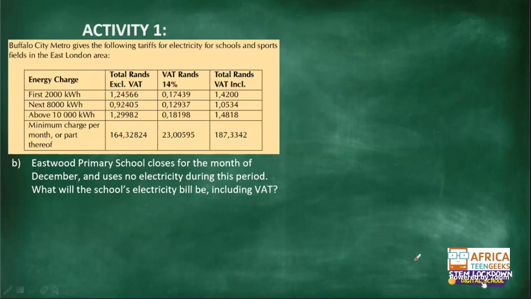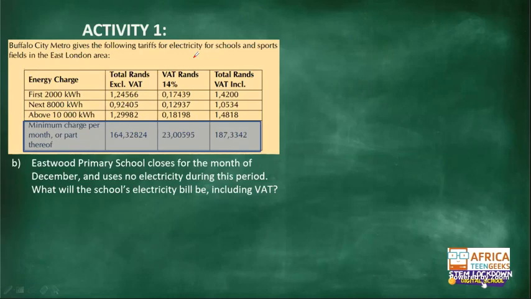There's no electricity. Just let's look at the table they provide us with. And then what information there can we use to tell us a minimum charge per month? So even if you don't use anything, how much are you going to pay? Remember, guys, they will always give you all the information, okay?